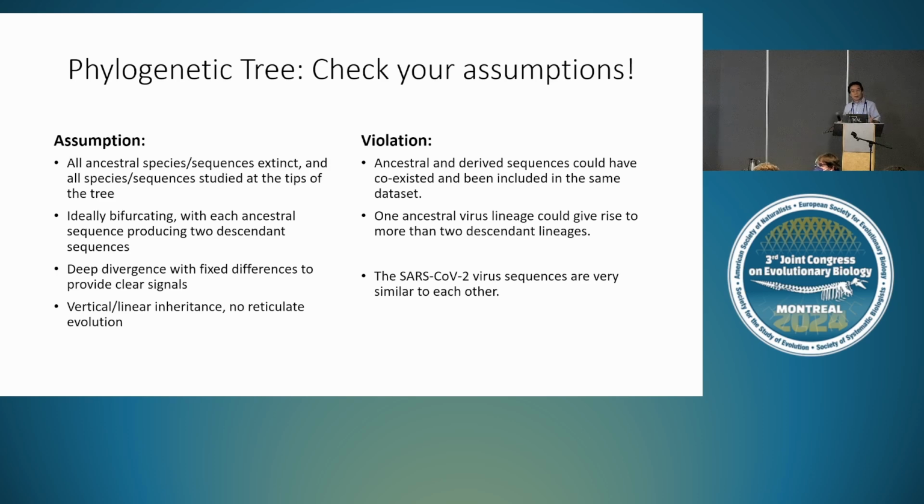Last but not least, everybody knows that to use phylogenetic tree analysis, you need to assume vertical or linear inheritance. So no reticulate evolution, including recombination, can be accommodated easily by phylogenetic tree analysis. But as I just mentioned, given all the evidence I showed in the previous slide, recombination seems to have played a very important role in the evolution of SARS coronavirus 2, particularly in the production of those major variants.